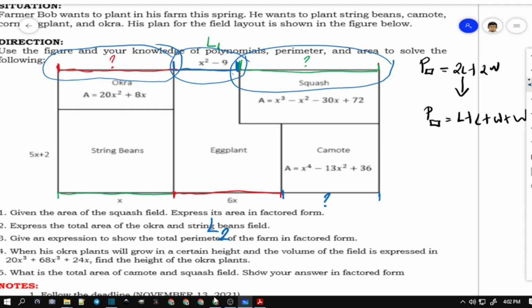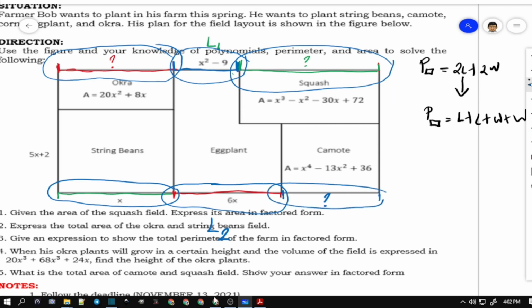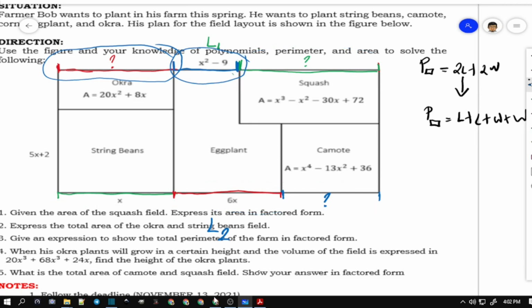To find the second length, add the side of the string beans, plus the side of the eggplant field, plus the side of the kamote field. Then simplify them by adding. Next, for the width, this is width number 2.